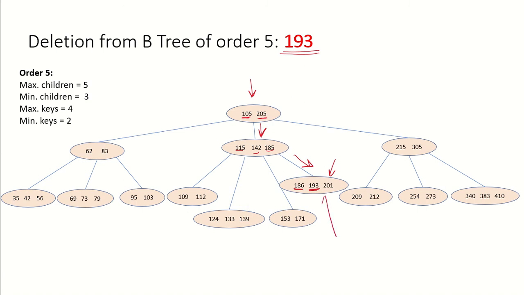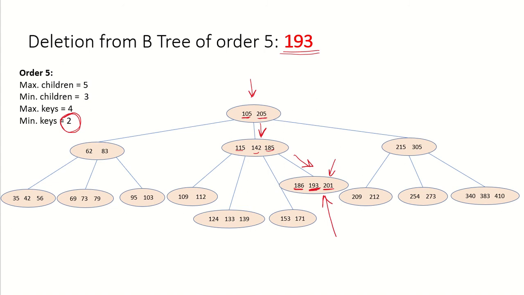Now, this node is a leaf node. So, how are leaf nodes handled? First of all, we have to check whether this node is having more than the minimum number of keys or not. The minimum number of keys in each node that is allowed for a B-tree of order 5 is 2. This node is currently having 3 keys.